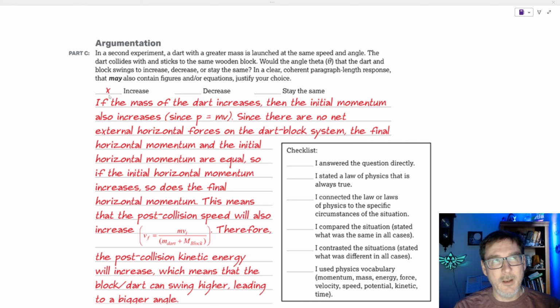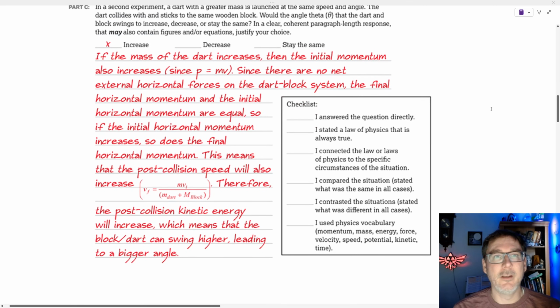But a lot of times you don't get 1 point for choosing the correct answer. It's more like you lose a point if you choose the wrong answer. So you could check the right answer and leave everything blank and still get a 0, is my point. But if you choose the wrong answer and explain everything perfectly, you won't get a perfect score. So choosing the right answer is important, but your explanation is really important.